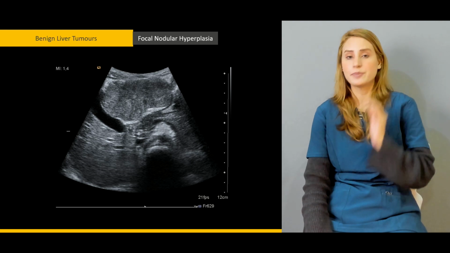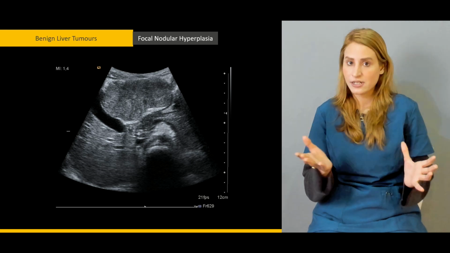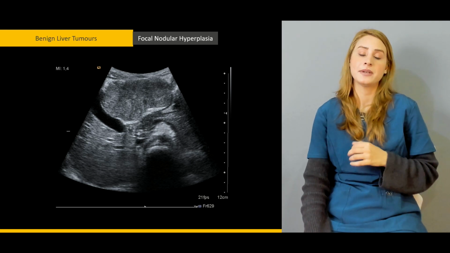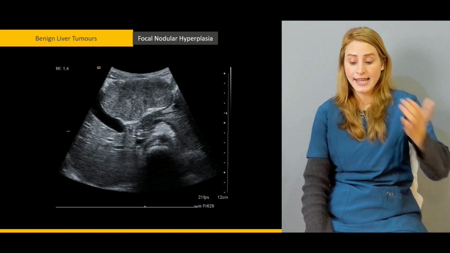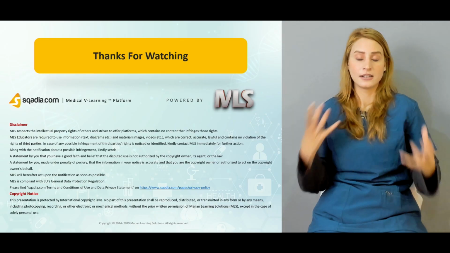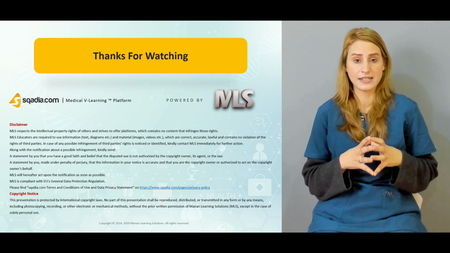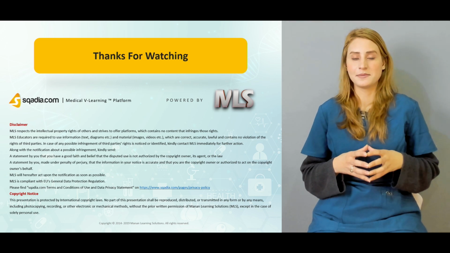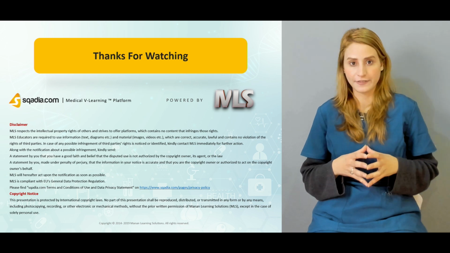So in today's lecture, we have been talking about the indications for the liver resection. We have been discussing different principles and different stages involving the liver resection. And then at the end, we also discussed different benign tumors which involve the liver.